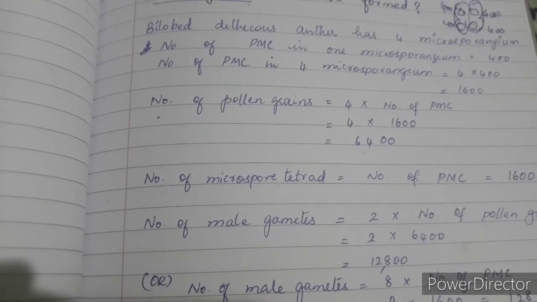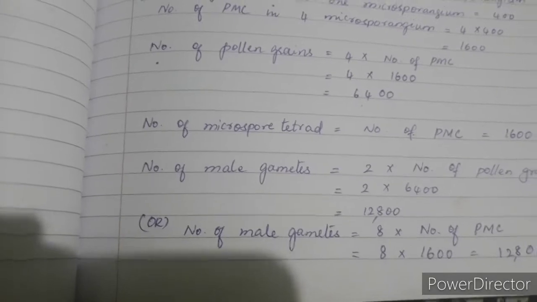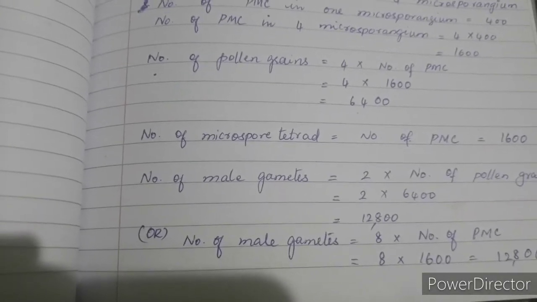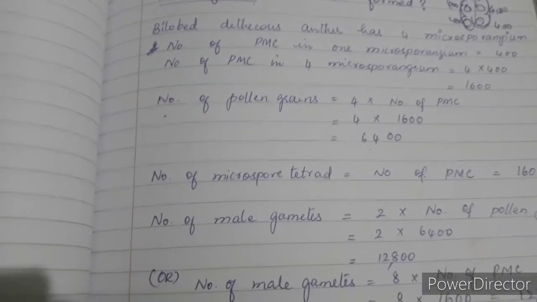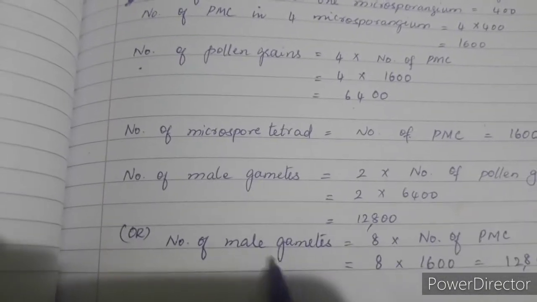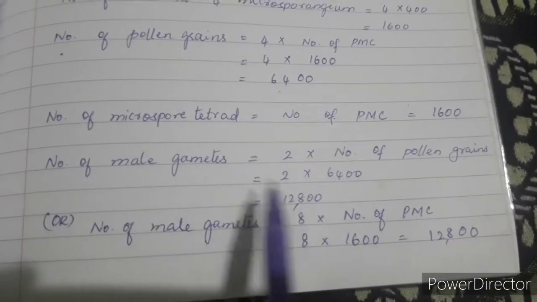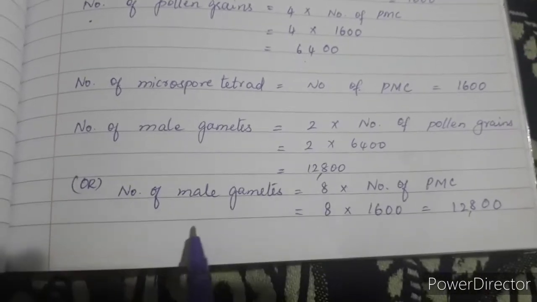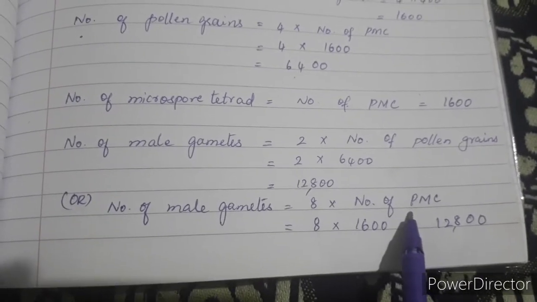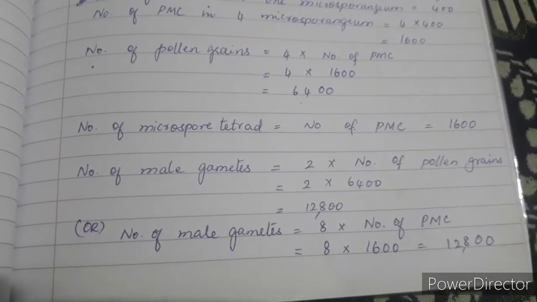So overall, 4 twos are 8 male gametes. You can calculate either directly from the pollen grains you have already calculated or from the pollen mother cell. If you are calculating from the pollen grains, multiply the number of pollen grains by 2 to get the number of male gametes. Or if you are calculating from the pollen mother cell, you have to multiply that by 8 to get the number of male gametes.